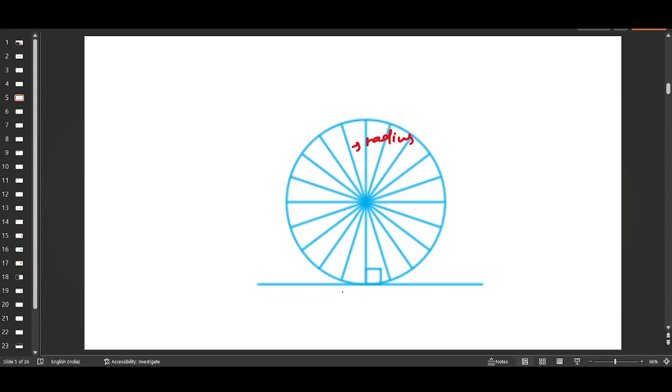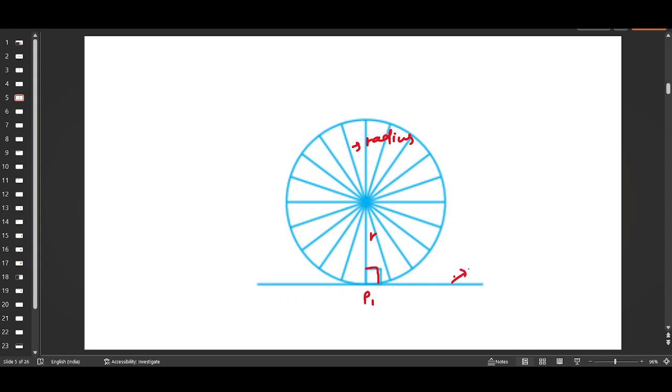Now note one position. This is position 1, P1. What do you feel with respect to its movement? Suppose it moves, then again P1 comes. Do you know, this road touches the wheel, and if you consider this road as a line, it touches the wheel at 90 degrees with the radius.